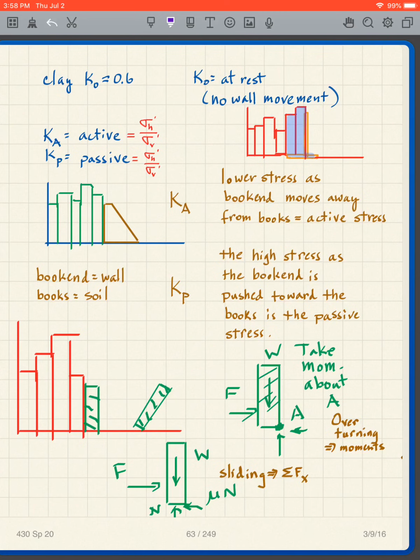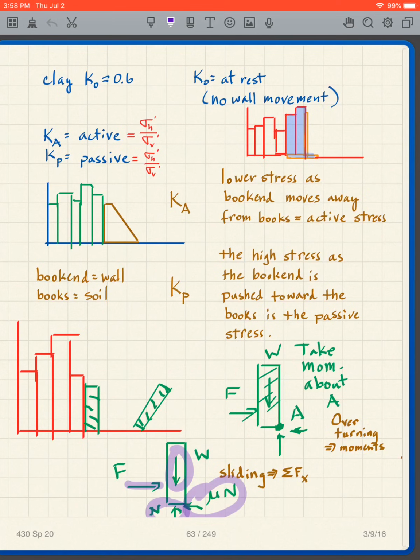The way to analyze it for friction, sliding, is that I have my normal force, which in this case is equal to the weight. You can see it's in equilibrium there. And I have to have that my coefficient of friction times my normal force is greater than my force from my books or my soil.